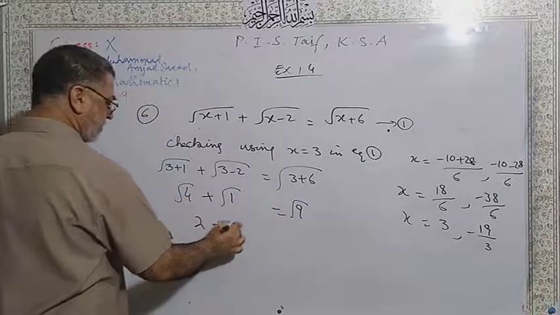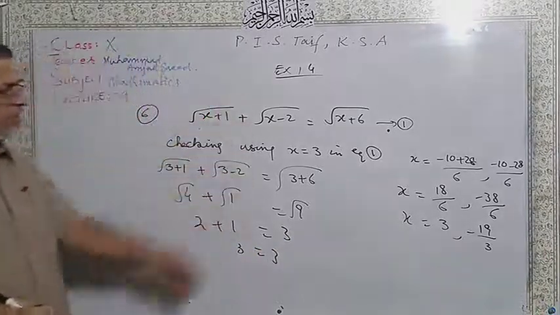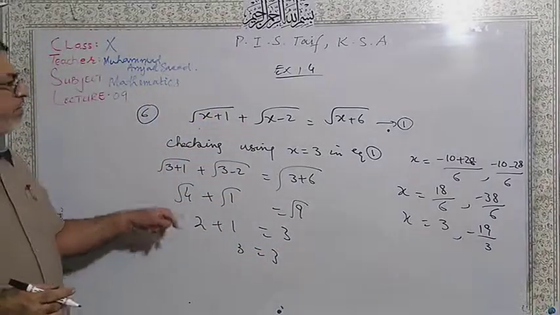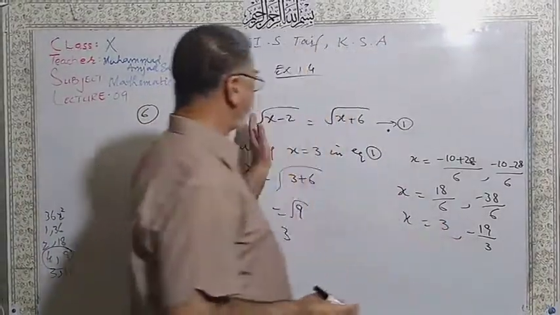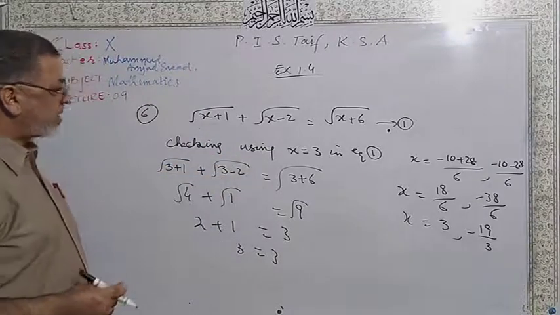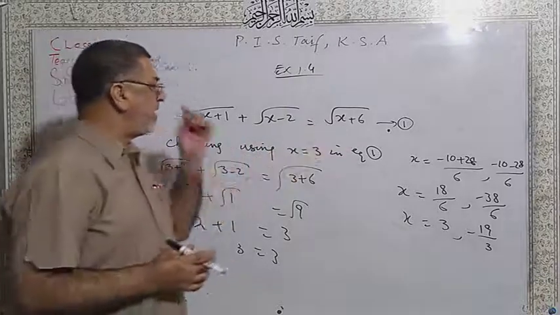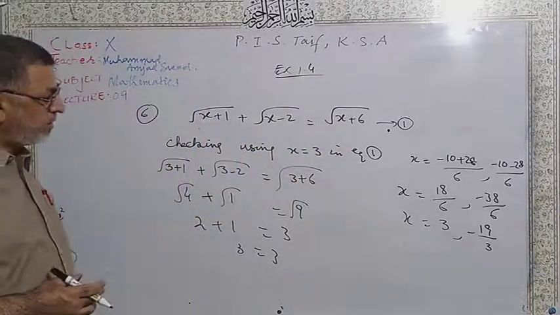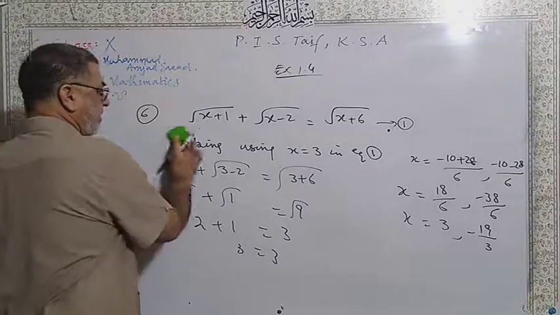This is 2 plus 1 is equal to 3, 3 is equal to 3. That is your answer, solution. And if you apply this minus 19 over 3, then you can check that it will be the extraneous root and it will not satisfy left hand side equal to right hand side. I hope that you can do it.